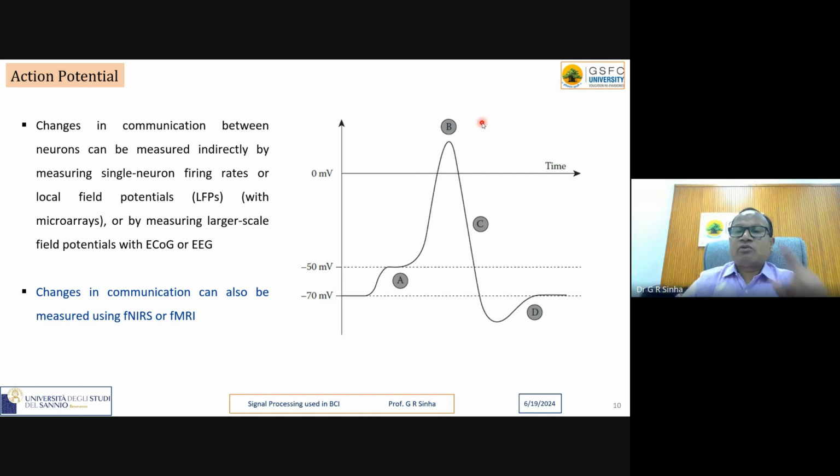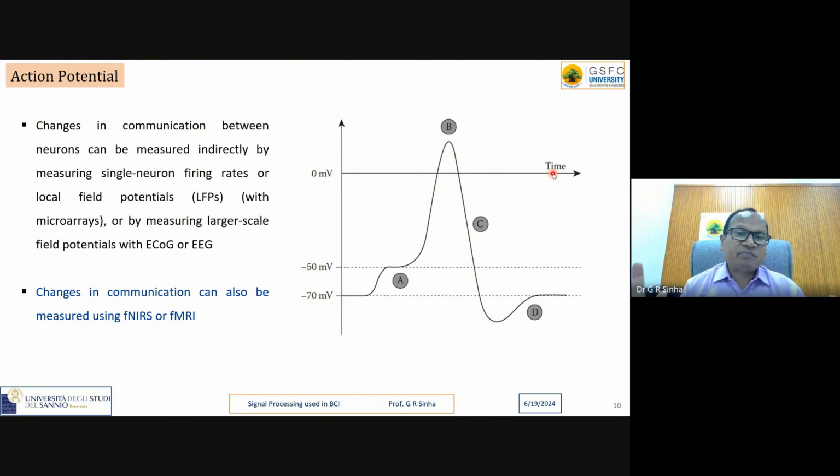The moment they fire, there will be some peak, and this peak will be recorded. There will be some negative voltage, some positive voltage. All kinds of small voltage variations are recorded, and that variation is known as either your EEG signal or ECoG signal.